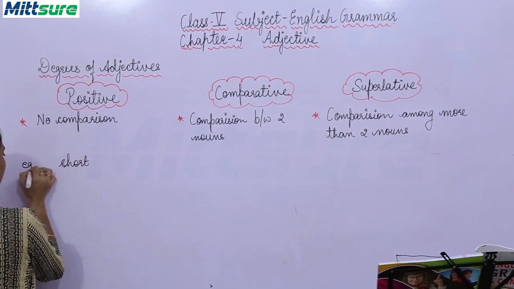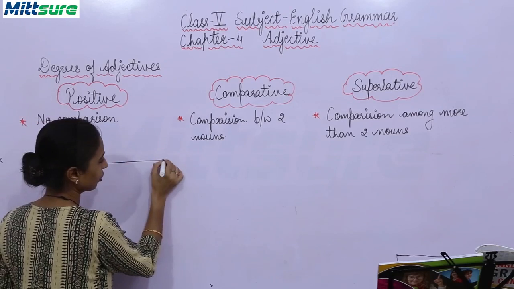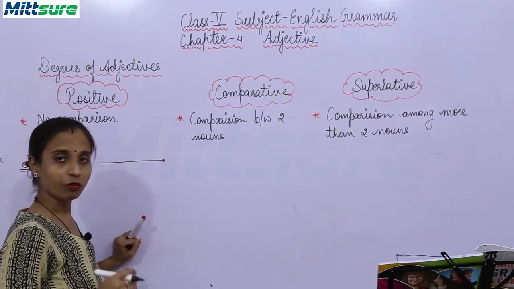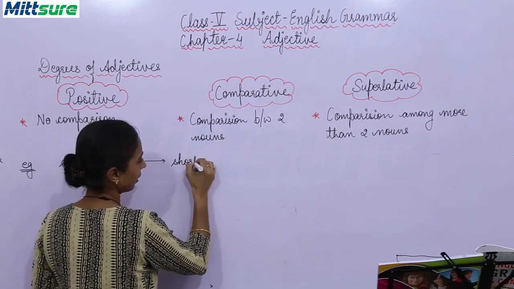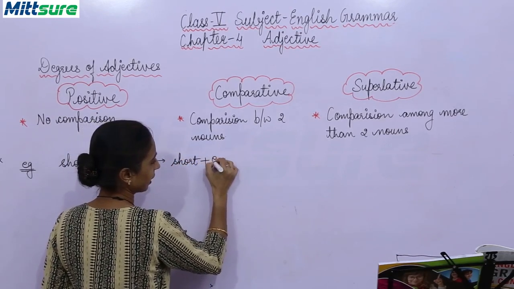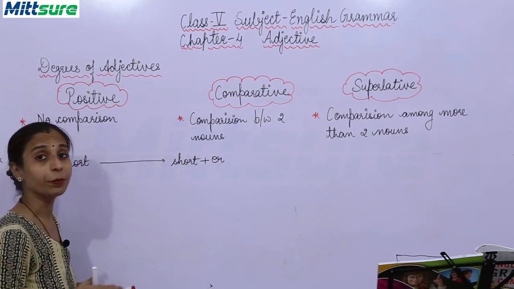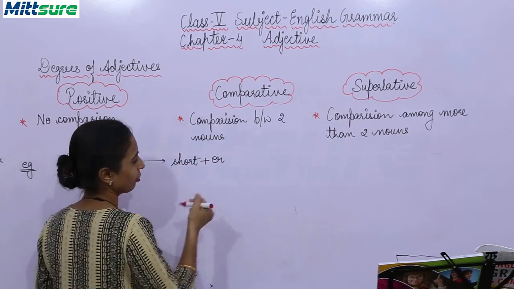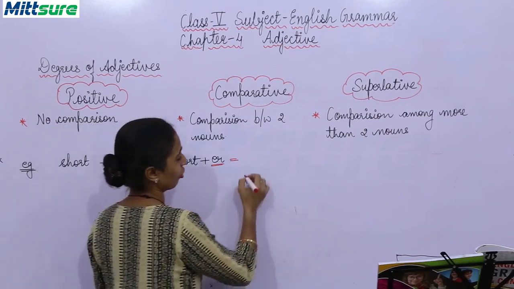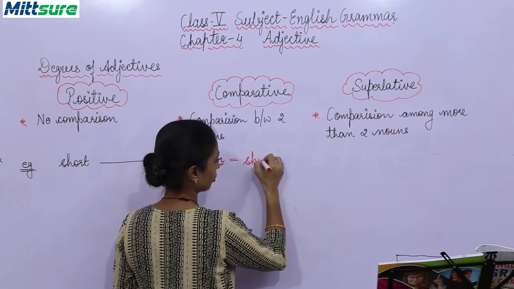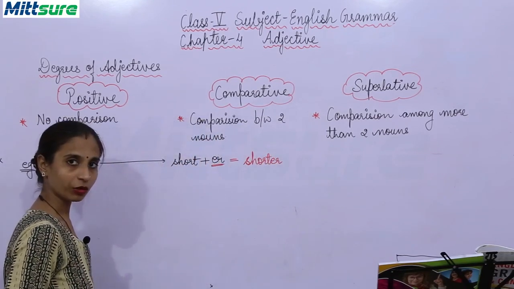We are just taking examples. Now, when we change short into the comparative degree, what will we do? The first and basic rule is that we are going to add er, and we get shorter. Got my point?